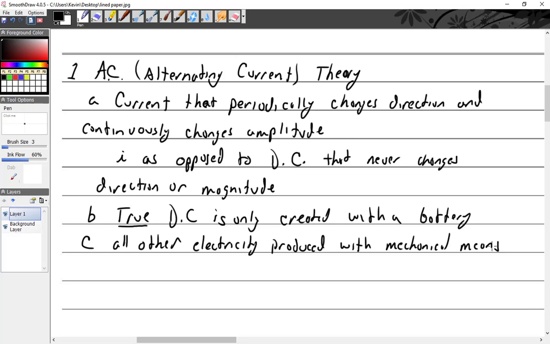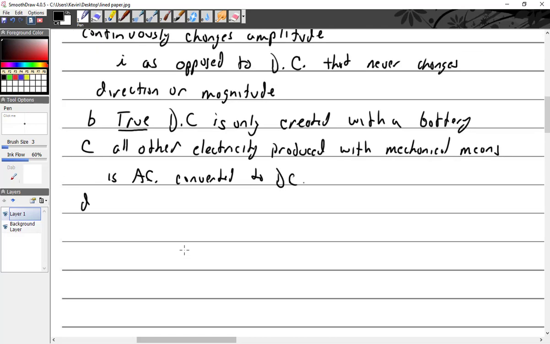Generator, alternator. The generator produces AC, all of them. The alternator produces AC, all of them. It doesn't come out that way though, so it's converted inside to DC. So all of the electricity produced by mechanical means is AC converted to DC. And I will show you how that's done when we get to generators, I think. No, I'll do it in a few minutes. Gotta remember if I do it now or later.